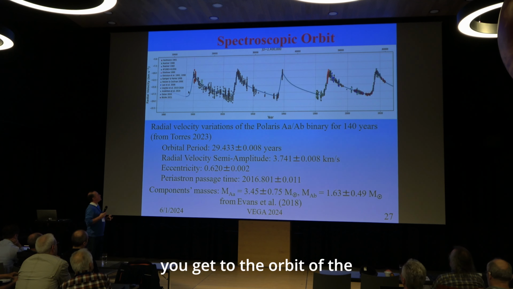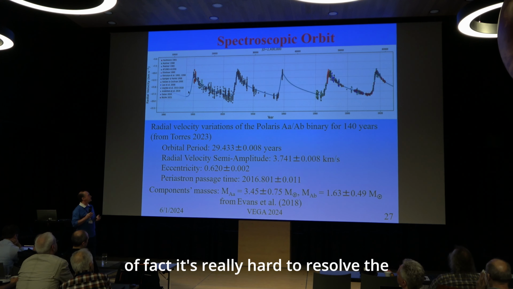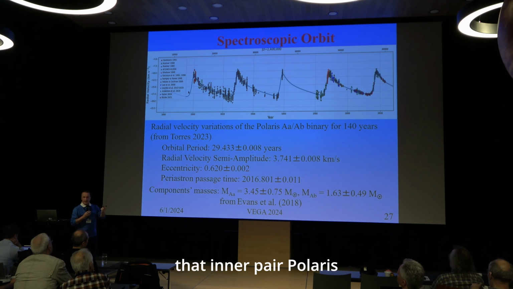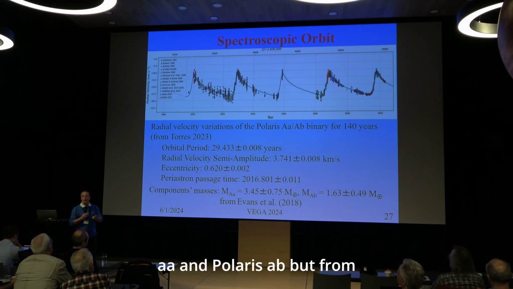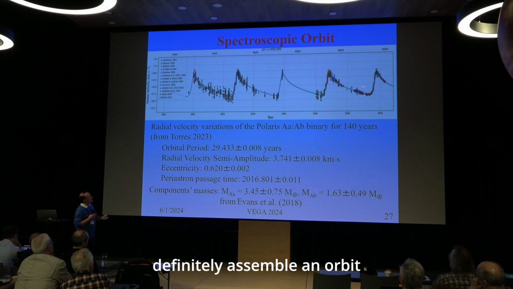Now, if you get to the orbit of the inner binary, as a matter of fact, it's really hard to resolve that inner pair, Polaris Aa and Polaris Ab. But from the radial velocity, we can definitely assemble an orbit.